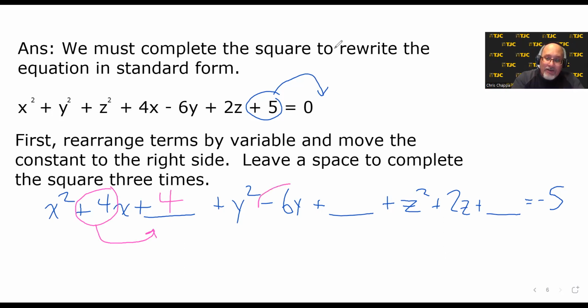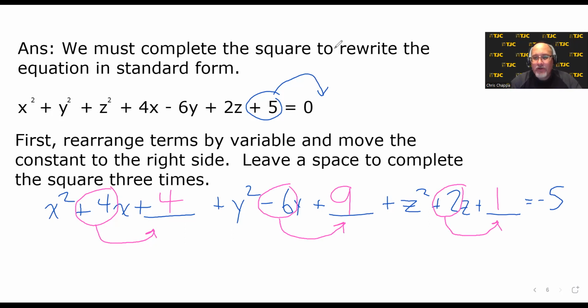If we do it on the y's, take the coefficient of the linear term, -6, cut it in half and square it. Half of -6 is -3. -3 squared is +9. And then the same thing with the z's. Take the coefficient of the linear term, the +2, cut it in half and then square it. Half of +2 is +1. +1 squared is 1.